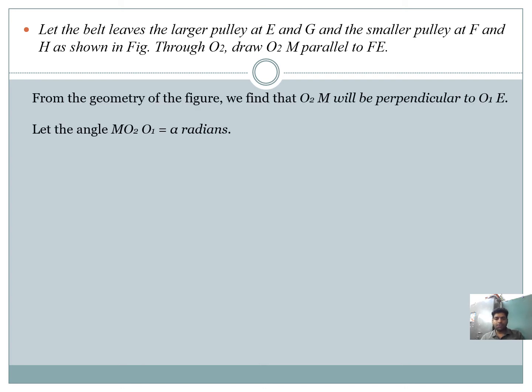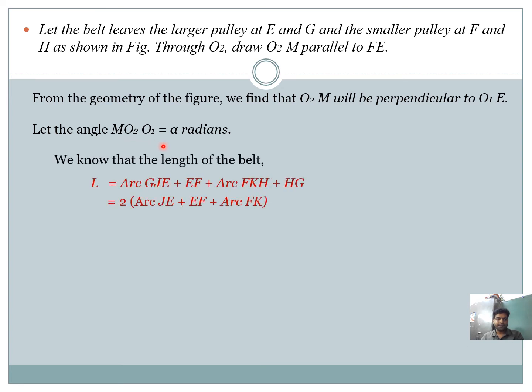From the geometry of the figure, we can find that O2M will be perpendicular to O1E. Let angle MO2O1 be equal to alpha. I just assume that MO2O1 is equal to alpha.